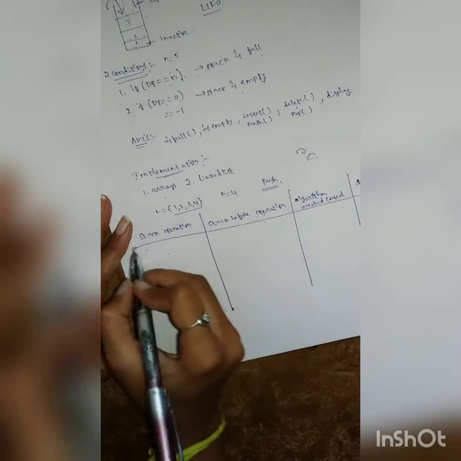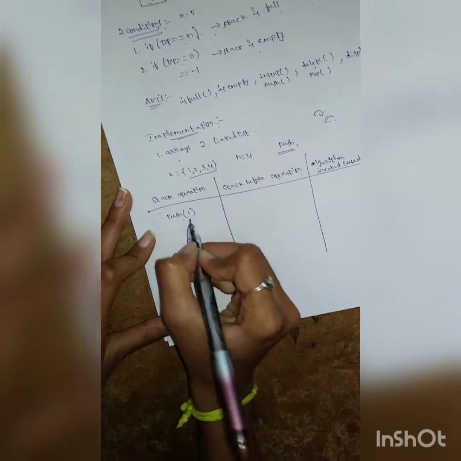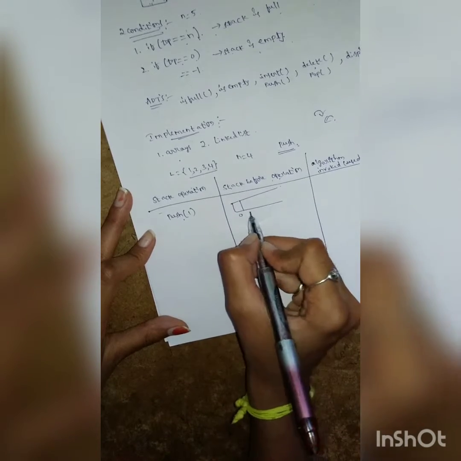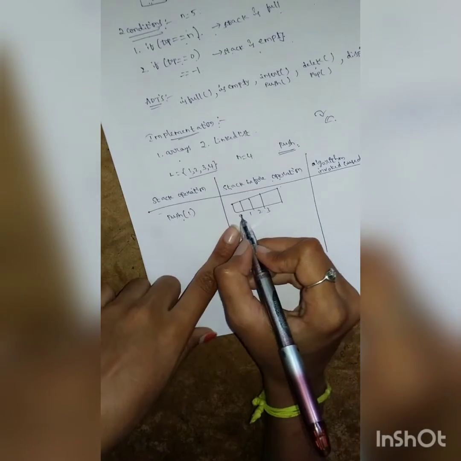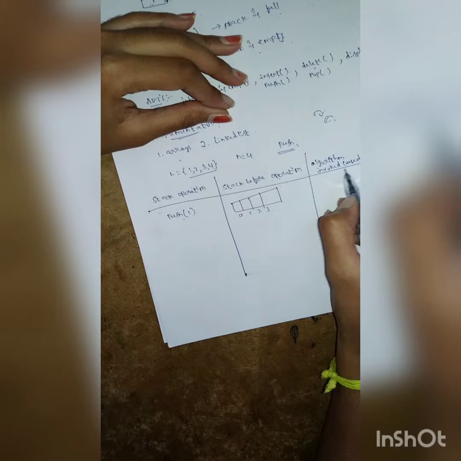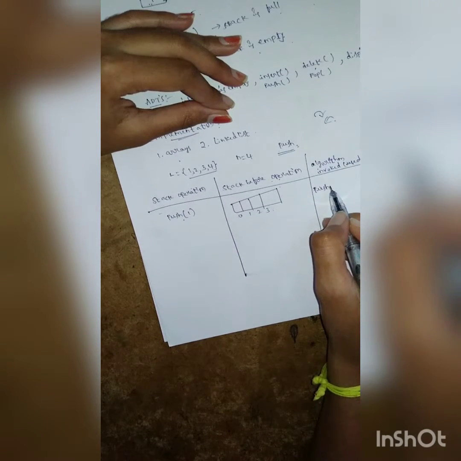How does it look like? Now the stack operation is push of 1. So the stack before, how does it look like? 0, 1, 2, 3. As I said, the size of the stack is 4. What algorithm do we invoke? This is push.